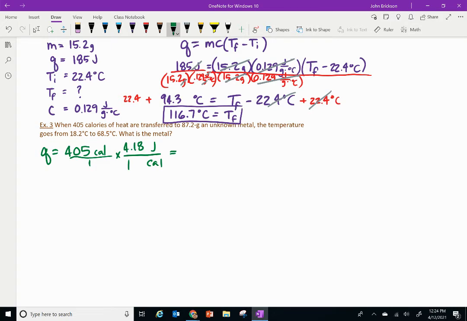And so 405 calories is kind of like saying 1,692.9 joules. That is the value for Q. The value for M is 87.2 grams. So in this problem, the metal is unknown.